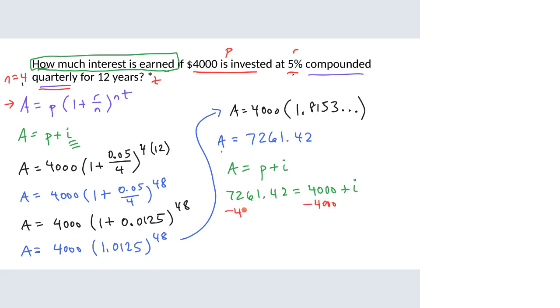And what we're doing here is subtracting off the principal to see how much actually was interest. Those will cancel. And over here, we just have I for the amount of interest. And over here, we subtract those and get $3,261.42 as the amount of interest that was earned.